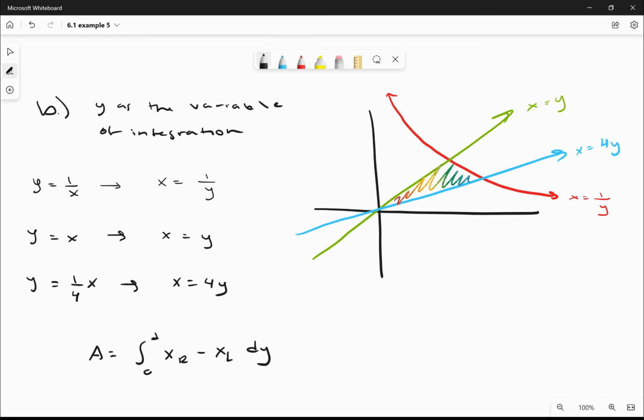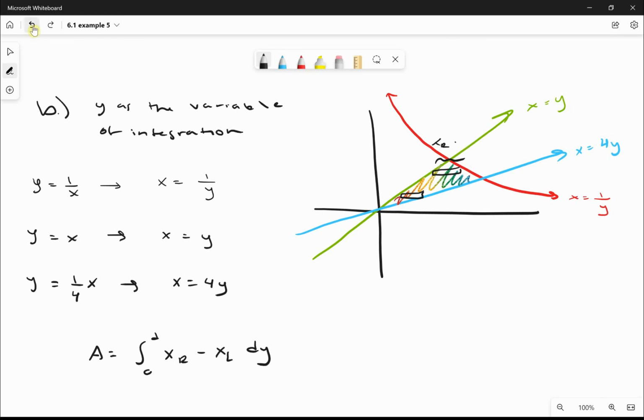And that corresponds to taking these horizontal rectangles. And they have this height, which is really a horizontal length, xr minus xl, and this width delta y. But what you notice here is that, again, our right and left curves are different for different portions of this region.